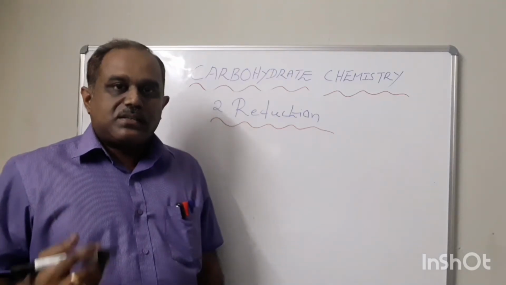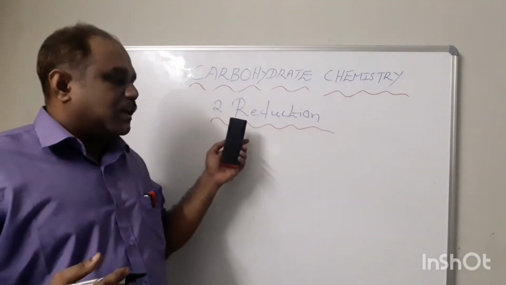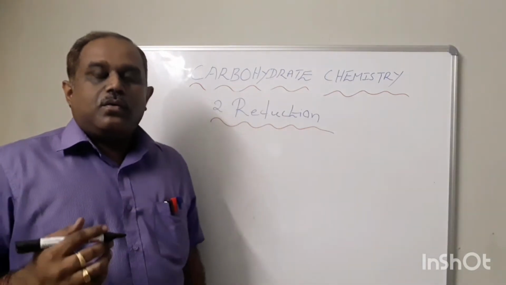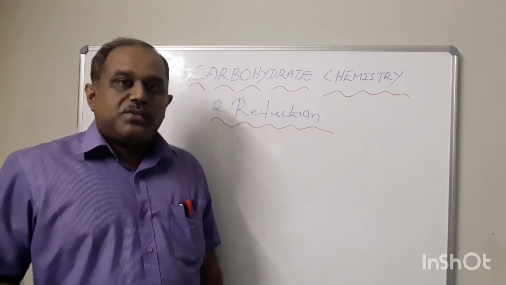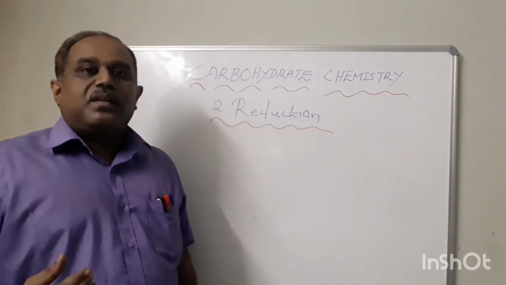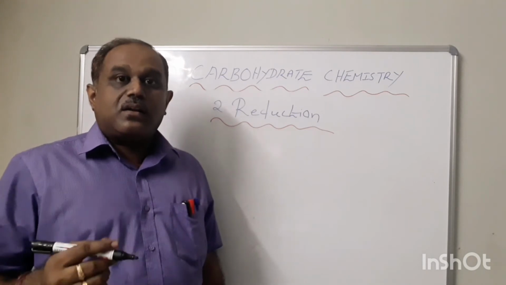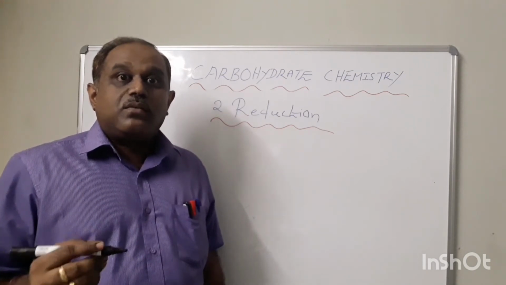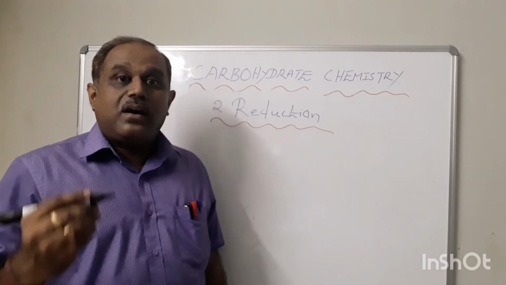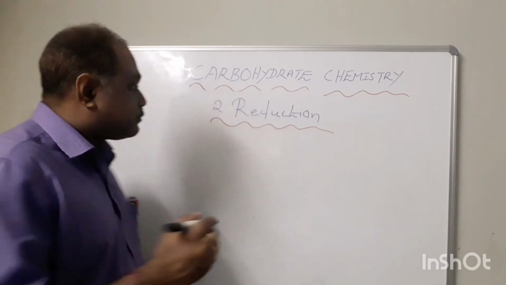Coming to the next chemical property, that is reduction. When treated with a reducing agent such as sodium amalgam, the aldehyde or keto group of monosaccharides undergoes reduction to give the corresponding hexahydroxy alcohol.